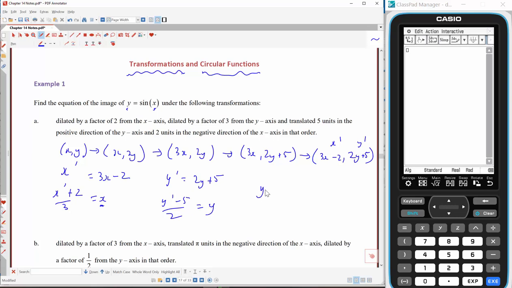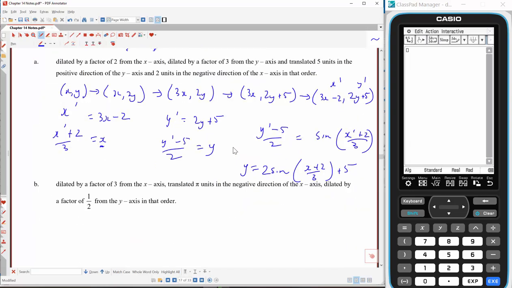So our function is y dash take 5 on 2 equals sine of x dash plus 2 all over 3. Let's just finish it off, drop the dashes, and y equals 2 sine x plus 2 all on 3 plus 5. You could split that one as well, so x on 3 plus 2/3, but that's fine as it is. So there's our transformed function.